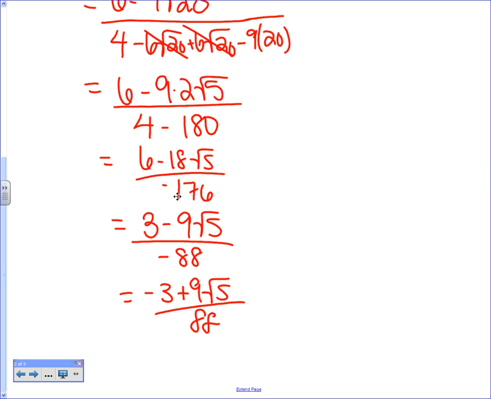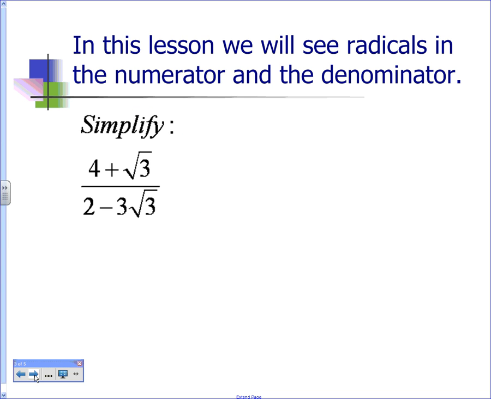Any questions on those? Okay. All right. What we're going to look at today are radicals in the numerator and in the denominator.